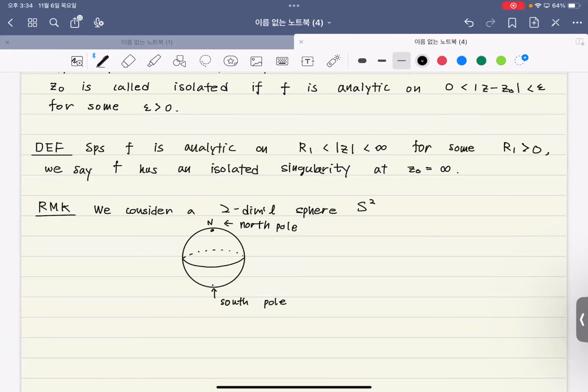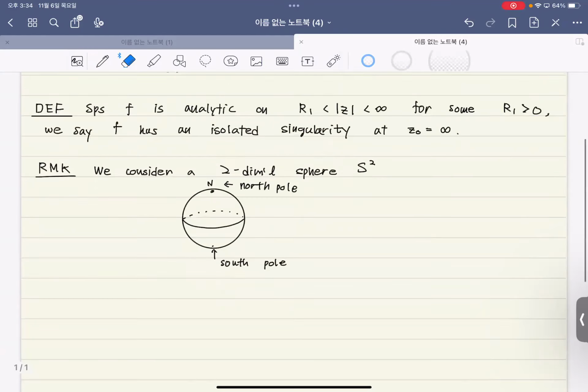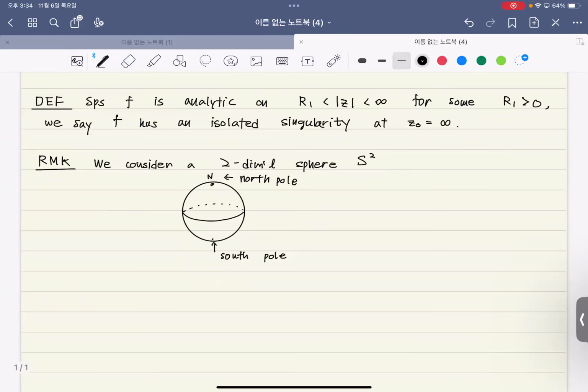What I want to do is consider S2 minus the North Pole. If you know just a little bit of topology, then you know what I mean. But if you do not know topology, you can simply ignore this. You can simply say this two-dimensional sphere is a complex plane union with a point called infinity.